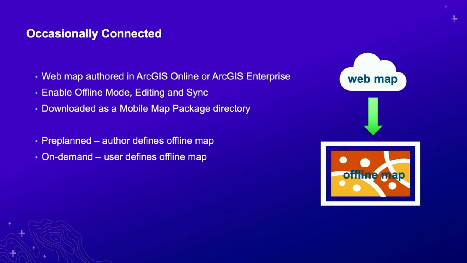And there's two ways that we can work with these web maps when we take them offline. We can work with them in a pre-planned workflow where the author, or if you like the server administrator, determines which areas can be taken offline. Or you can work on an on-demand workflow when the user who's going offline gets to choose the area that they would like.